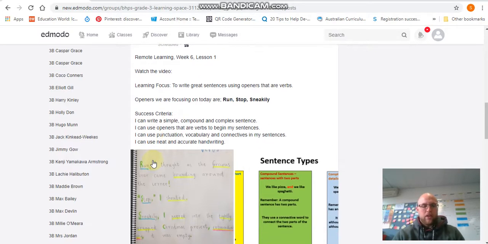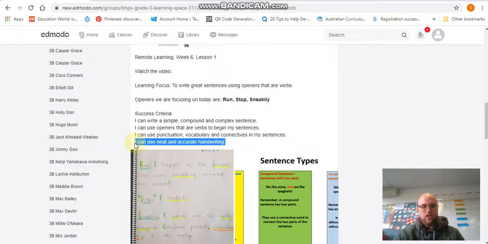So we've got the same success criteria, and make sure you think about these success criteria. I can write a simple, compound, and complex sentence. There are 3 types of sentences that we've been working on. This is the new one: I can use openers that are verbs to begin my sentences. This is another one that we've been doing a bit: I can use punctuation, vocabulary, and connectives in my sentences, the other areas of VCOP.